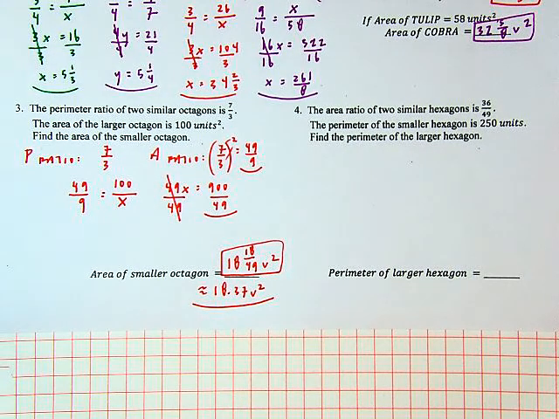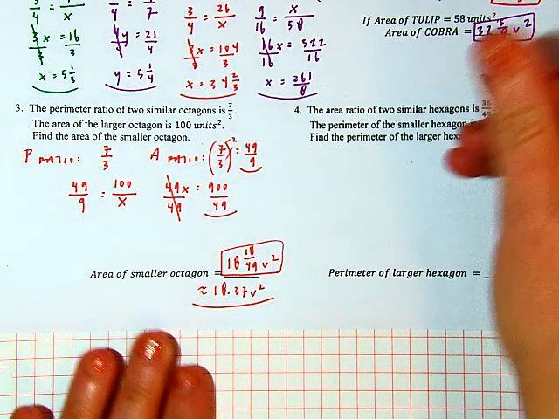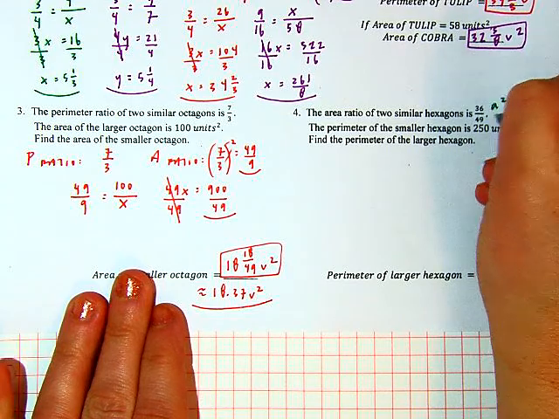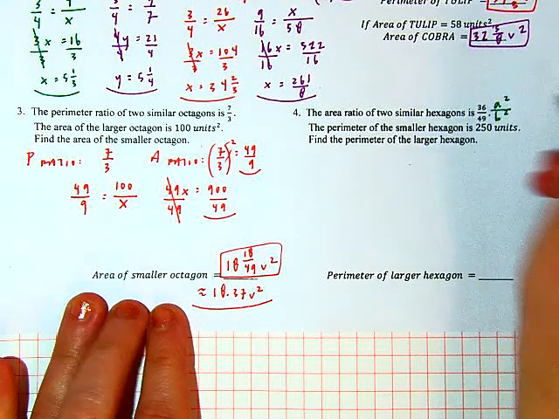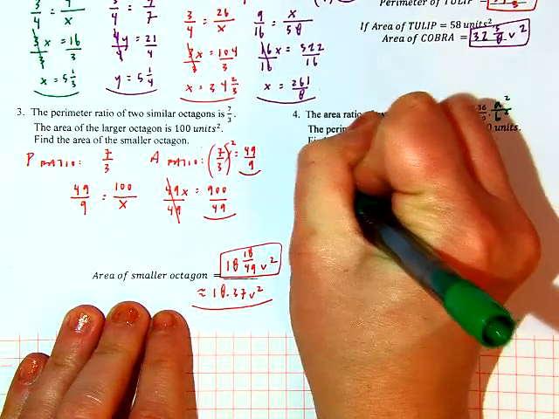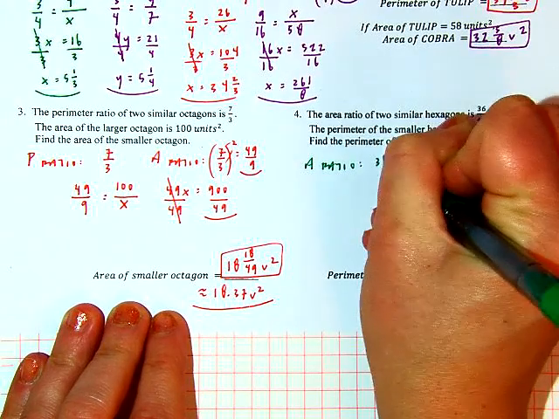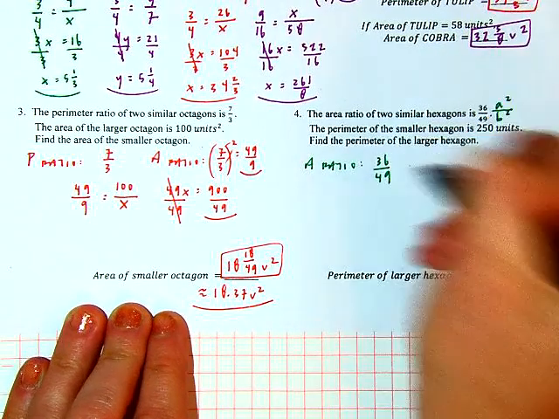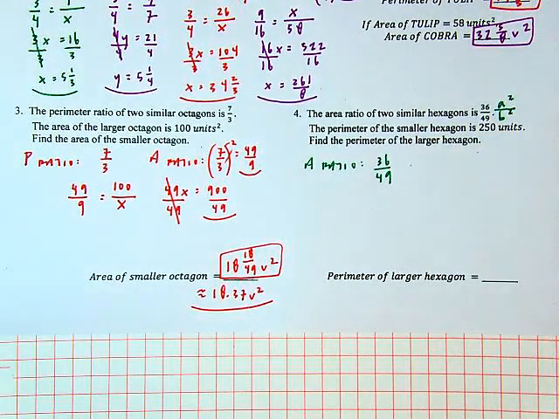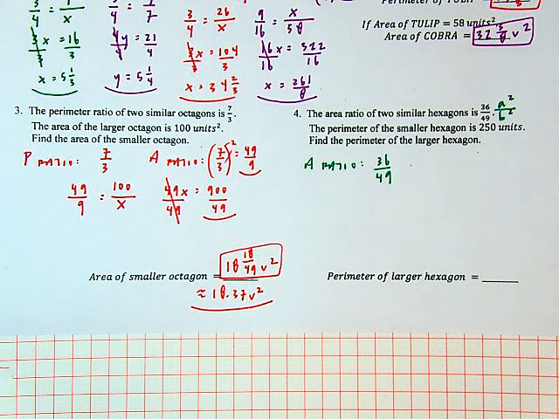Here I'm giving you the area ratio of two similar hexagons, so I'm starting you with the area ratio, a squared to b squared. So the area ratio, I'm just going to mark that down, is given as 36 to 49. What am I solving for here? The perimeter of the small hexagon is 250 units.